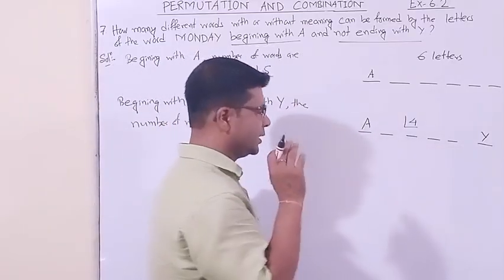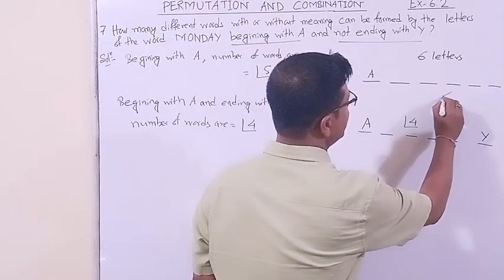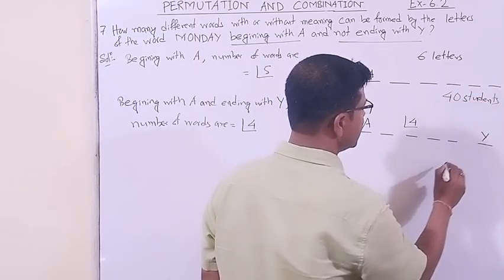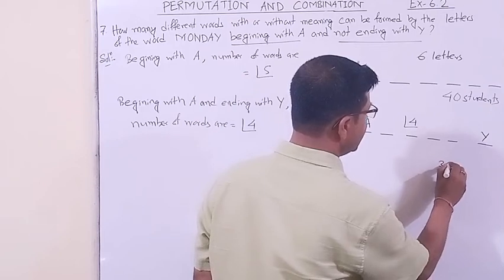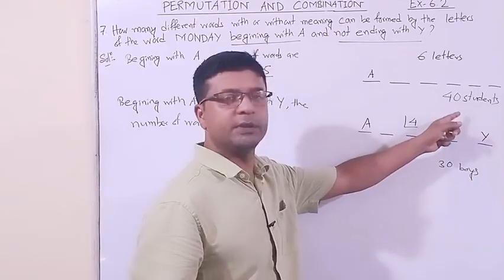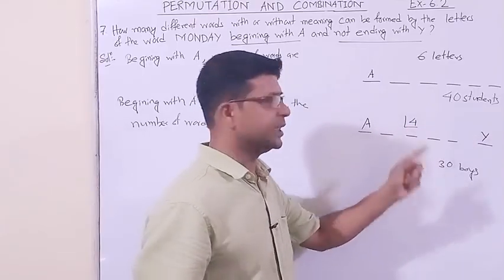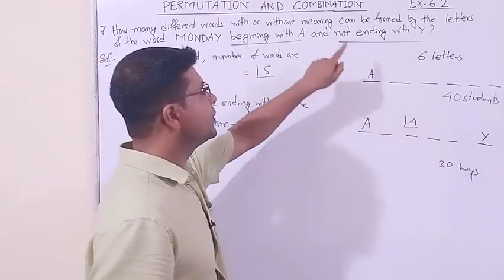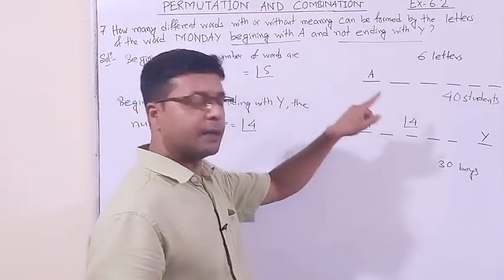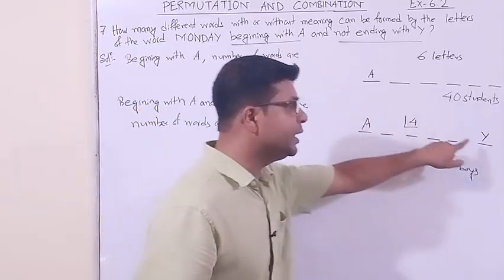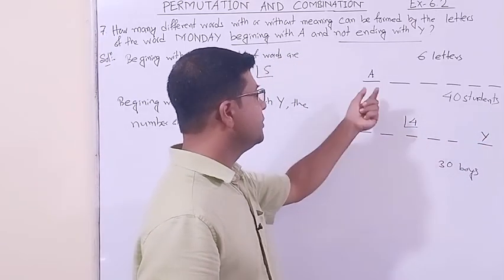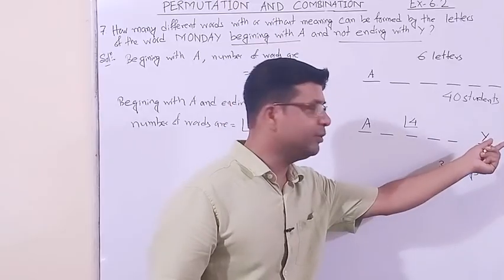Now this is just like a case. In a school class, there are 40 students. This is just an example. 30 are boys. How many girls are there? Obviously we will say, sir, 40 minus 30, that is 10. So here also, the total number of words beginning with A is this. The number of words beginning with A and ending with Y is this. But how many words are there beginning with A but not ending with Y?